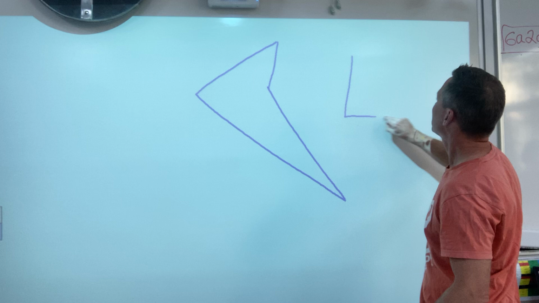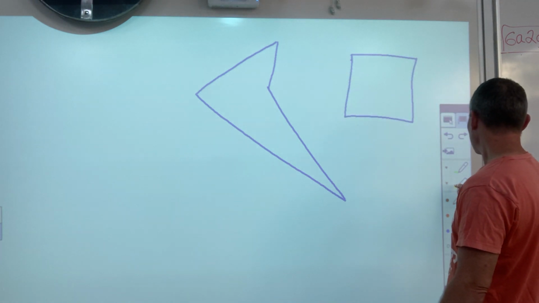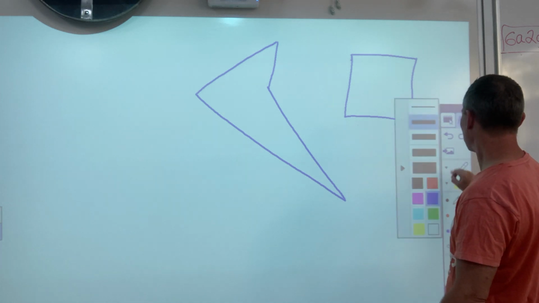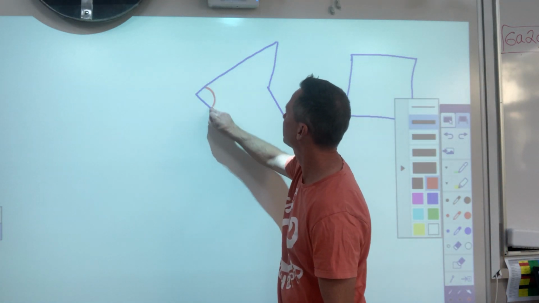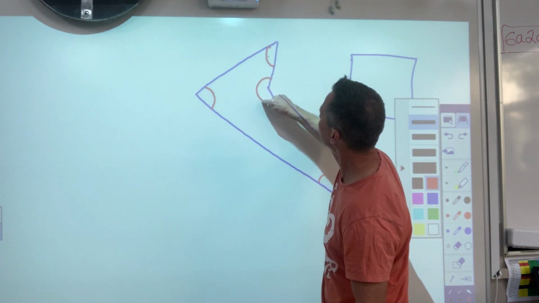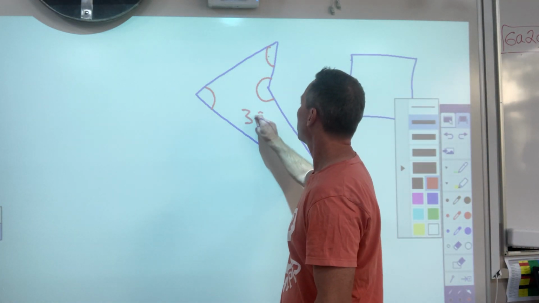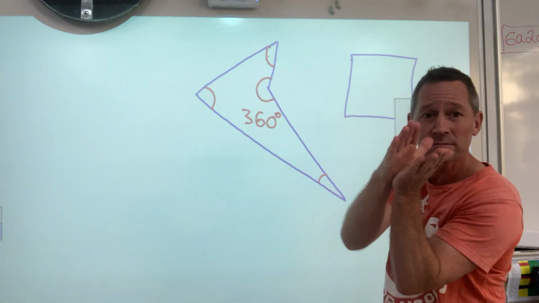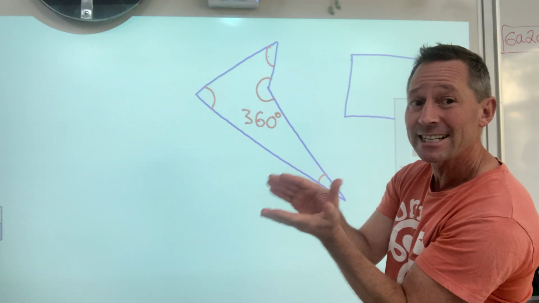Even though it doesn't look anything like this particular shape, if I'm actually doing the angles, the interior angles, this angle here, this angle here, this angle here, and see how this angle is like that, will still add up to 360 degrees. Now this angle here is quite small, so it's known as an acute angle. Acute angles are less than 90 degrees.